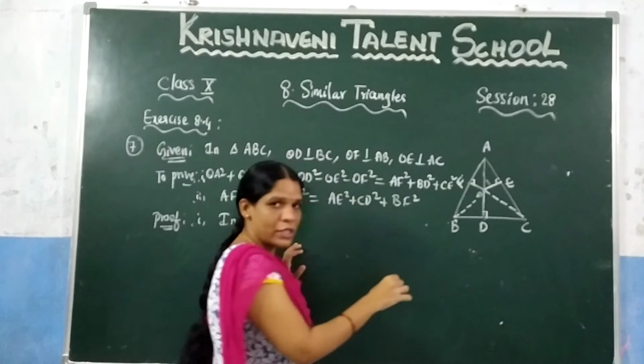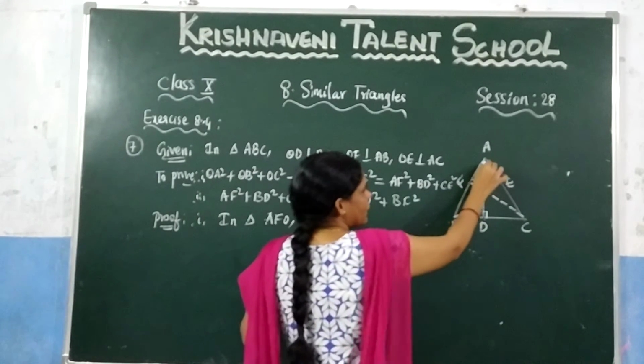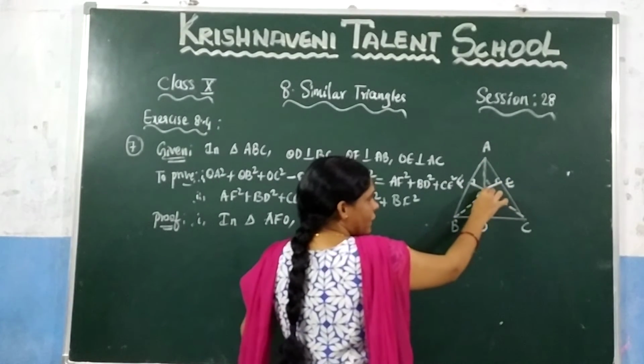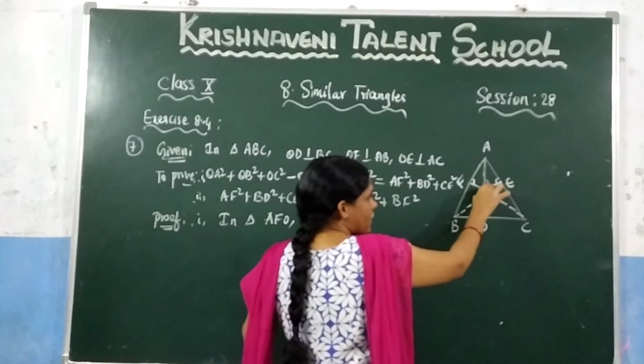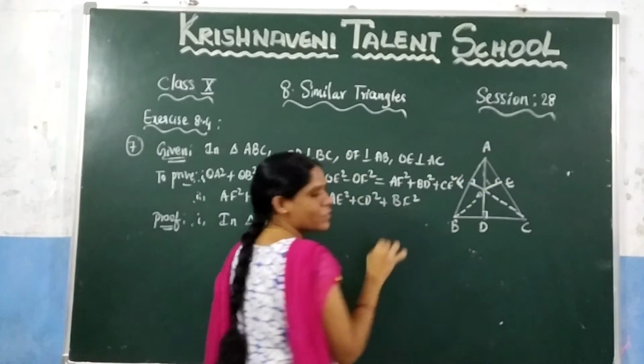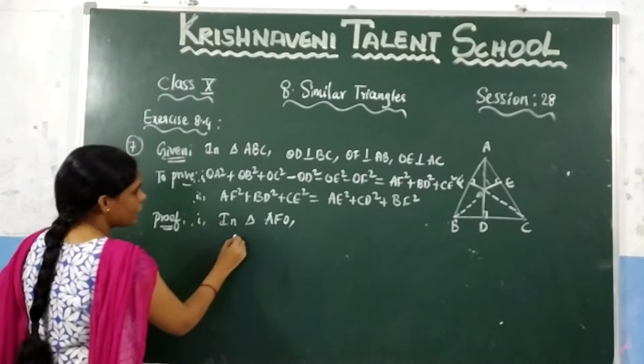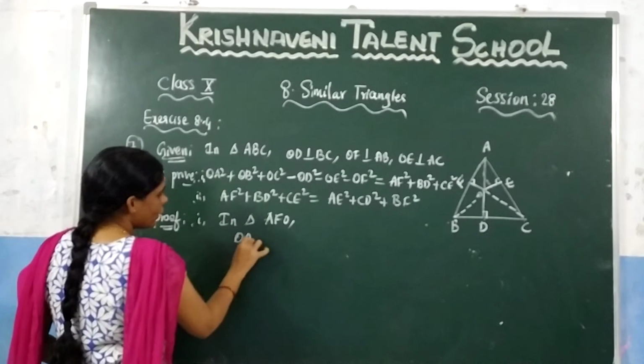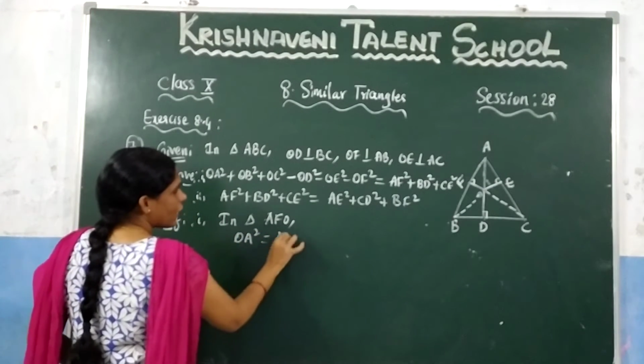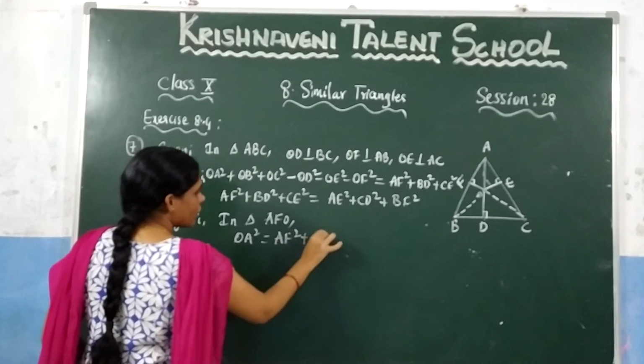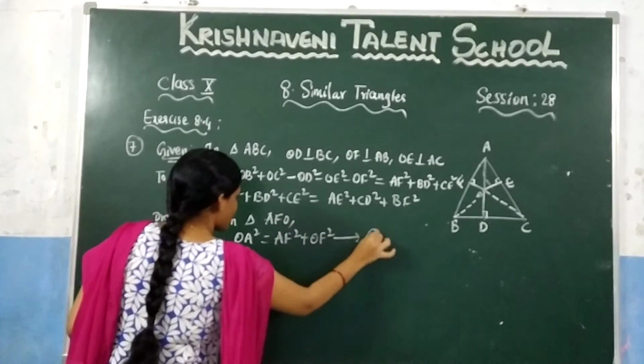What is the hypotenuse here, the longest side, which is nothing but this one, right? You can write OA square is equal to OF square plus AF square, right? So write it here: OA square is equal to AF square plus OF square. Let us consider this as equation 1.